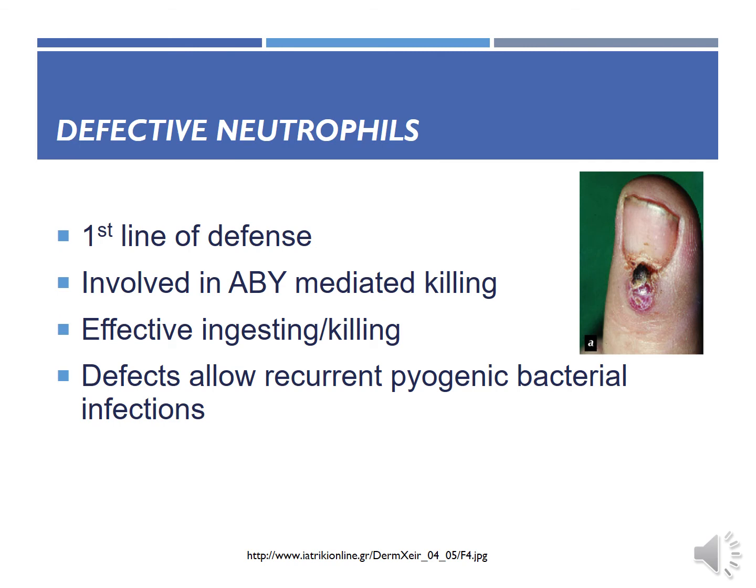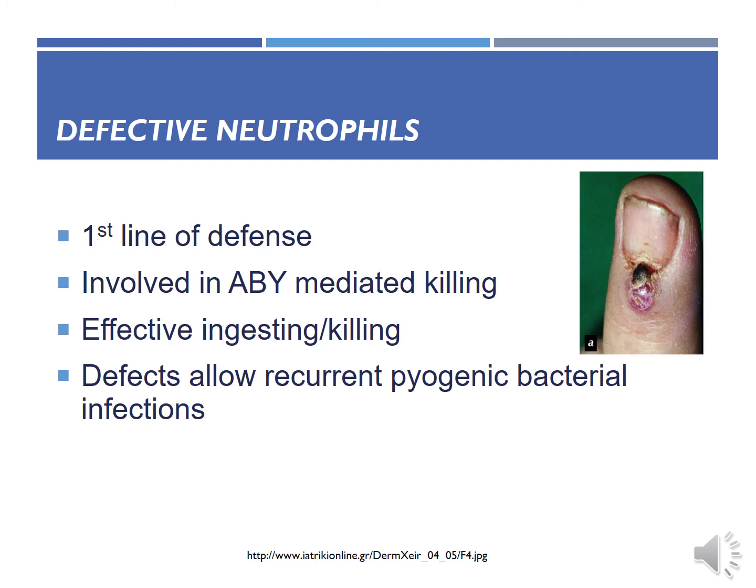So let's move on to our defective neutrophils, our other classification. Our neutrophils are like our first line of defense against infections. They are involved in antibody-mediated killing. They perform phagocytosis, so they help ingest or kill extracellular organisms in our bodies that are trying to invade.